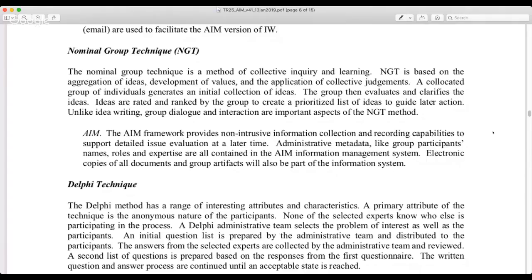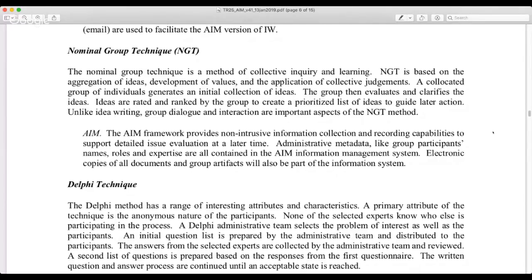But the difference, in my mind anyway, between the nominal group technique and, let's say, Delphi or idea writing: in those, no one's talking to each other. In Delphi, people are not talking to each other, they're just exchanging information. But here, it's much more group dialogue and interaction. Very important.